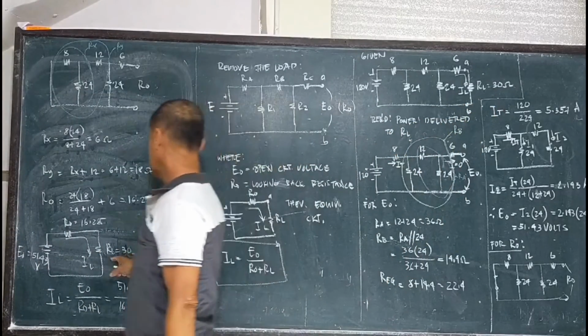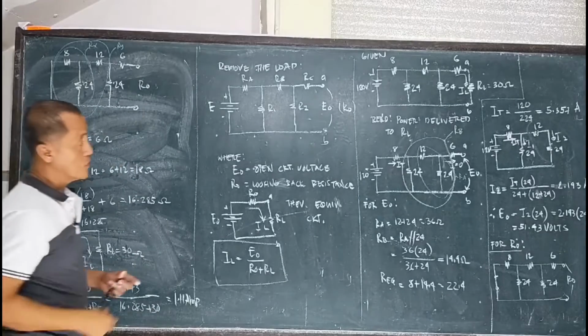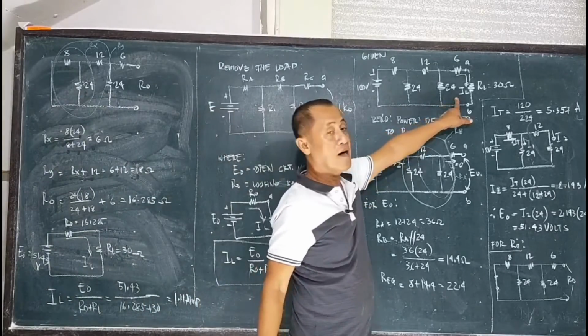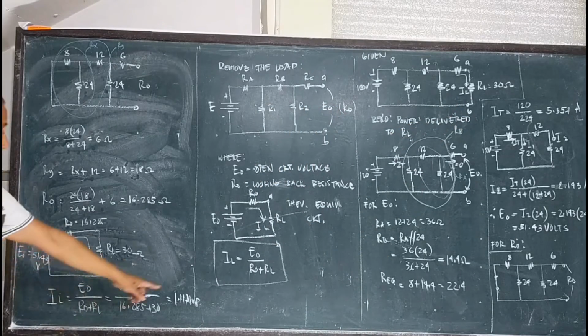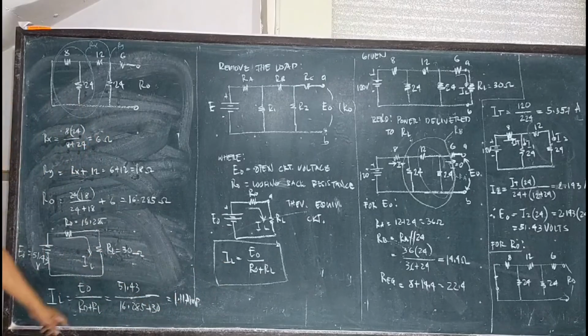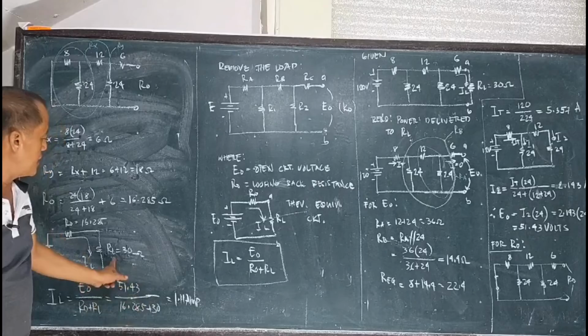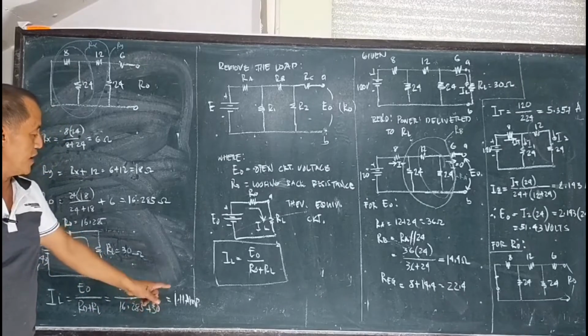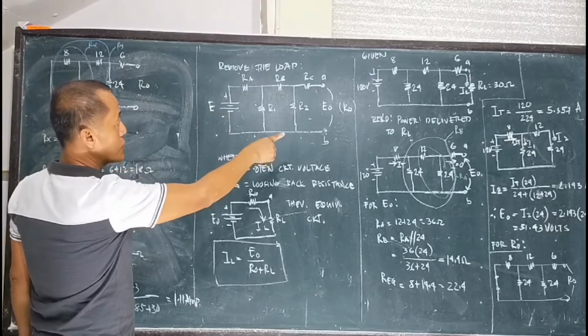Dito na. So, this is now the I sub L, which is the same value dito sa original na circuit, R sub L. So, I sub L is E sub O divided by R sub O plus R sub L. Ito, formula. So, E sub O is 51.43 divided by 16.28 plus 30. This is 1.11 amperes. Therefore, pwede ko na isolve si total power.